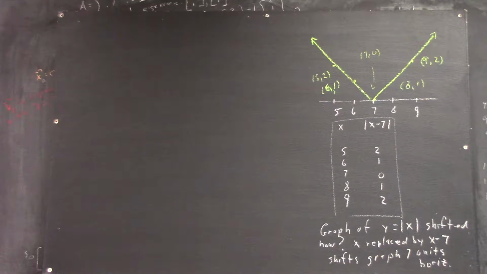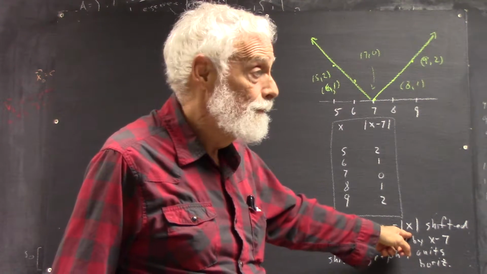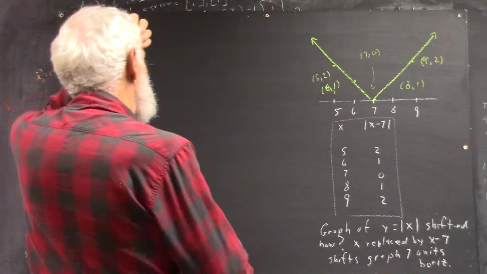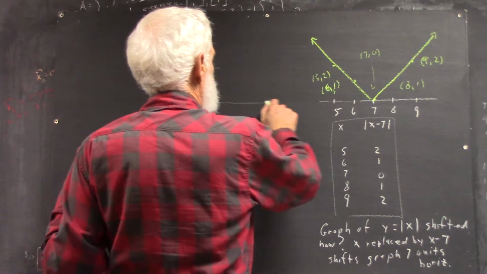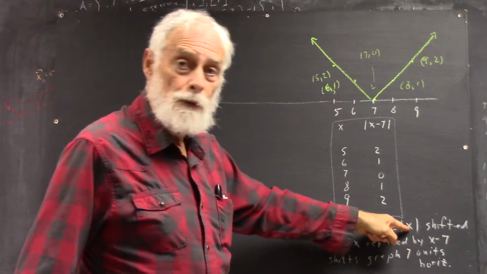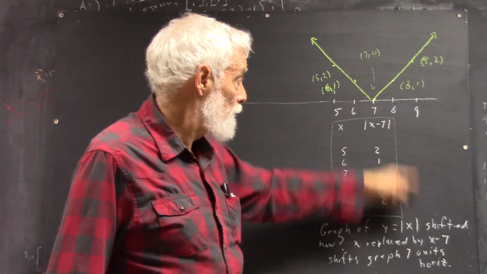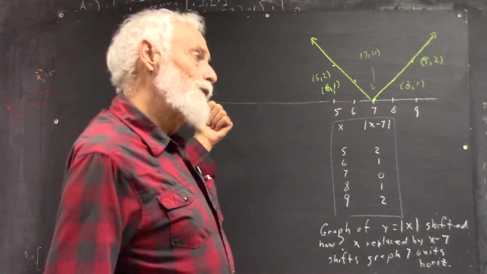We haven't even done the graph of y equals absolute value of x, have we? Well, if this is the graph of the absolute value of x, then the graph of the absolute value of x minus 7 is this, shifted 7 units that way, right?